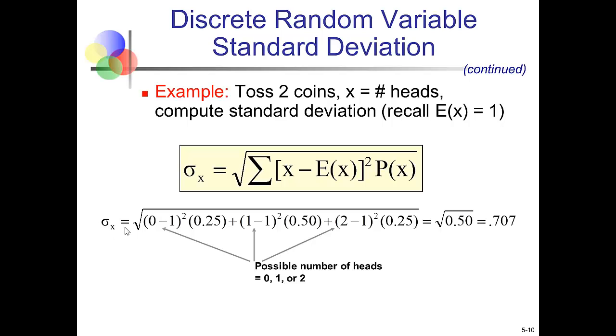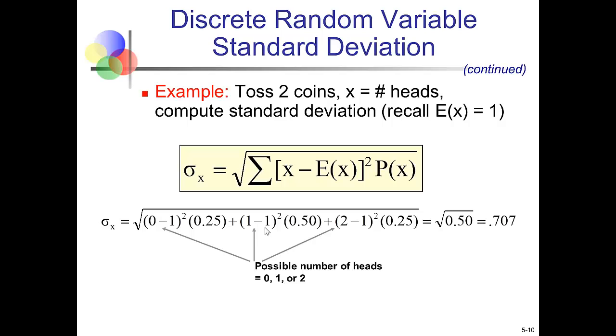So our standard deviation is the square root of each individual data point minus the expected value, squared, times the associated probability. So remember, we had the chance of 0 heads coming up. We subtract out the expected value of 1, square that, and multiply by the probability of getting no heads. There's a 25% chance that we could get no heads.